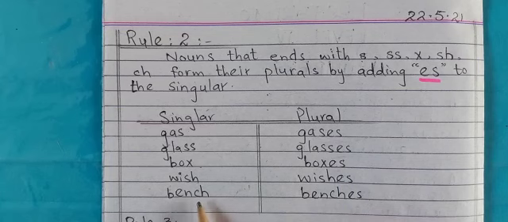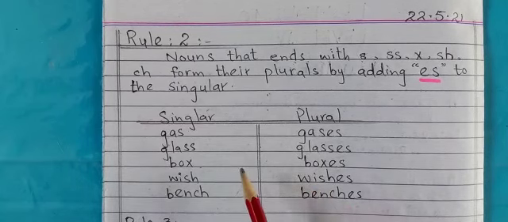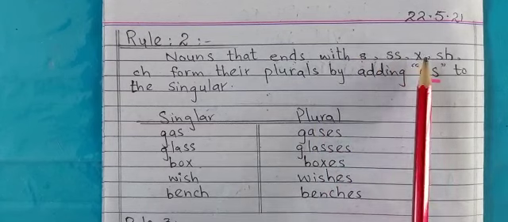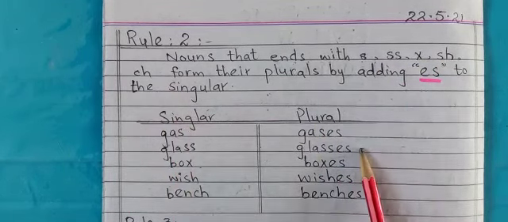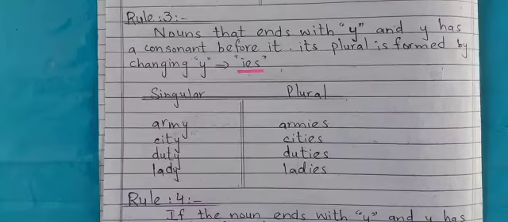Bench, it ends with ch and for plural I just put es to it. So it is very easy that the words which end with s, double s, x, sh or ch, we just have to put es at the end of these words to make them plural.